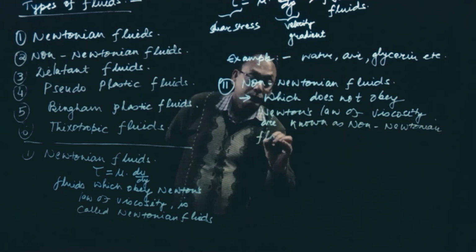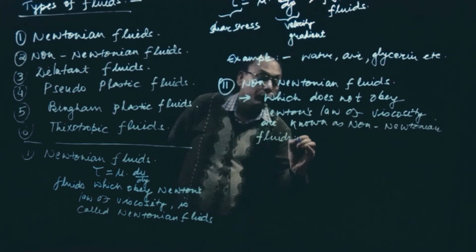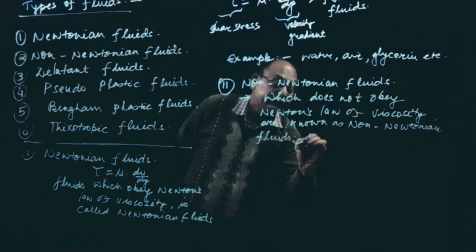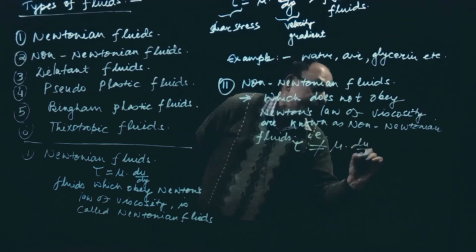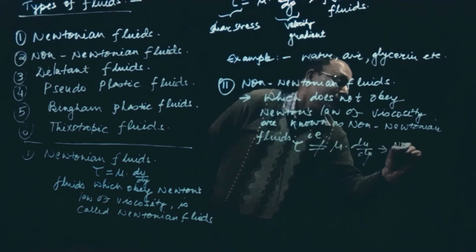The condition is tau is not equal to mu into du by dy. This is the condition for a non-Newtonian fluid.